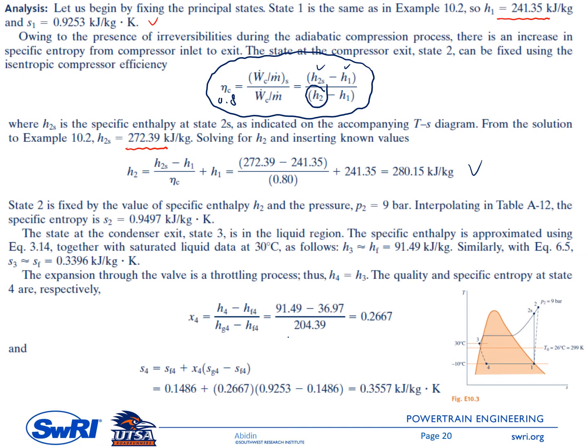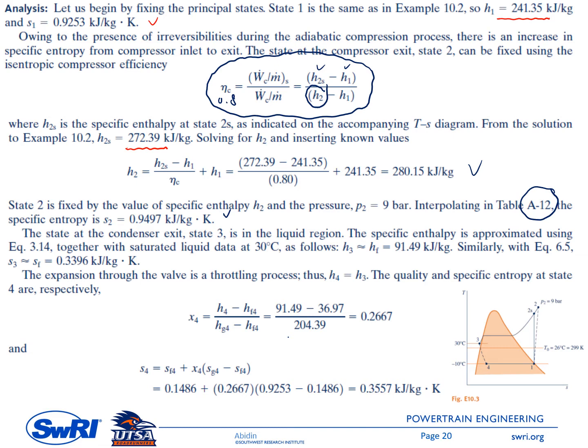Once you get H2, you can also get S2. This needs an interpolation process, and you use table A12, the superheated table for refrigerant 134a.